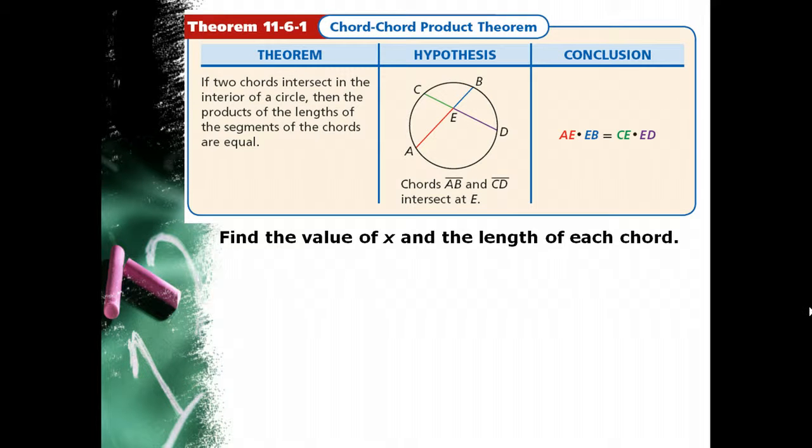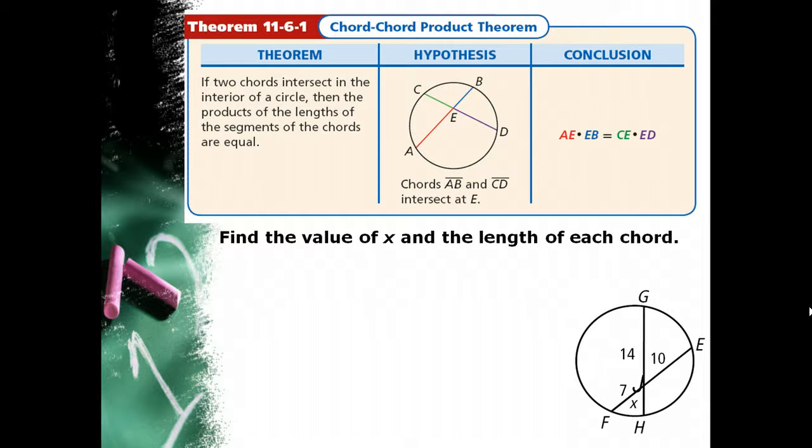Looking at an example, if we want to find the value of X and length of each chord. So EJ times JF is going to equal GJ times JH. So 10 times 7 will be 14X.